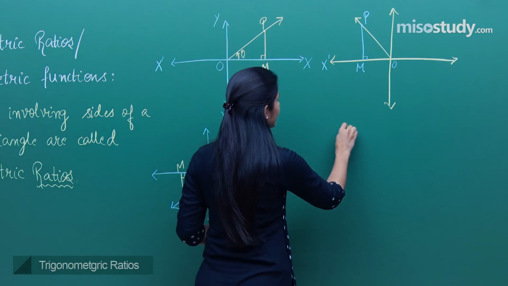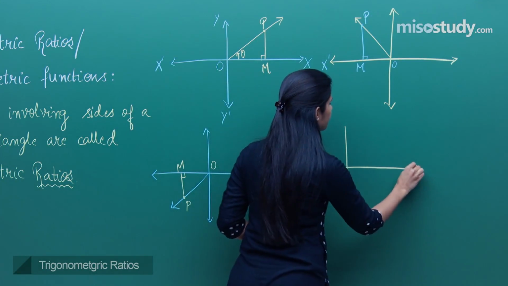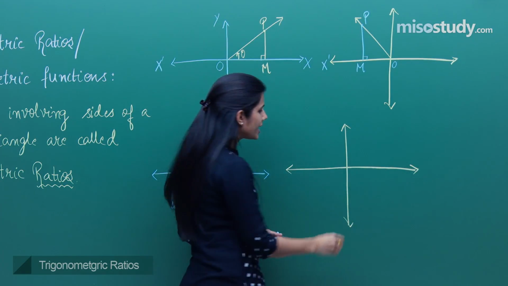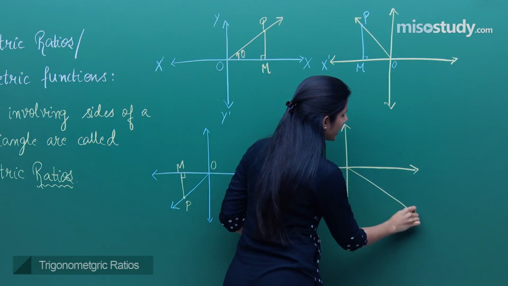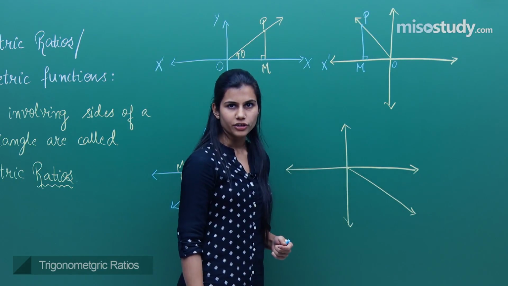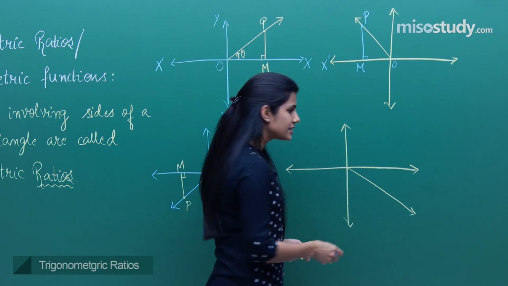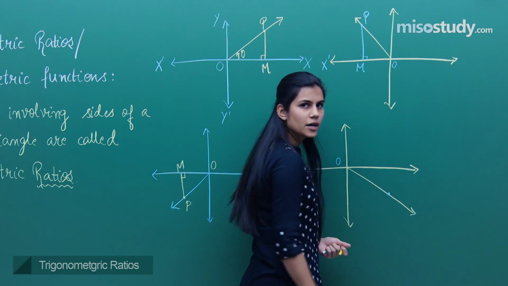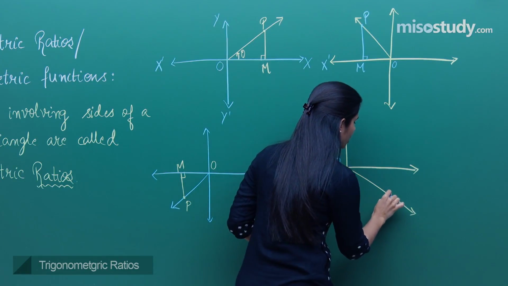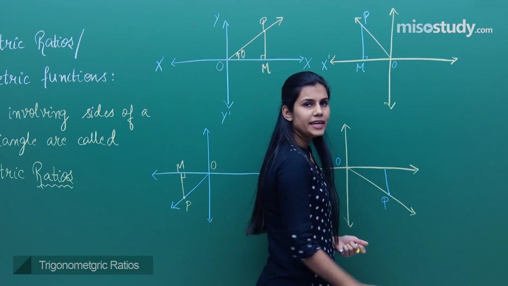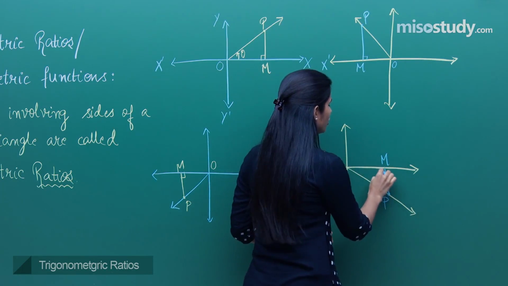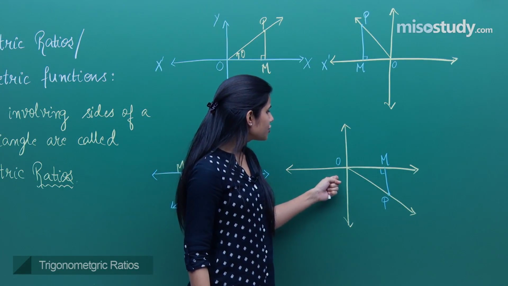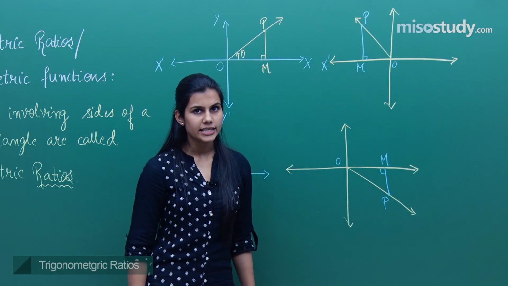The very last way is when the terminal ray lies in the fourth quadrant. In that case, again do the same thing: take a point P on the terminal side and drop a perpendicular on the x-axis. What you obtain is another triangle of reference, triangle OMP in this case.